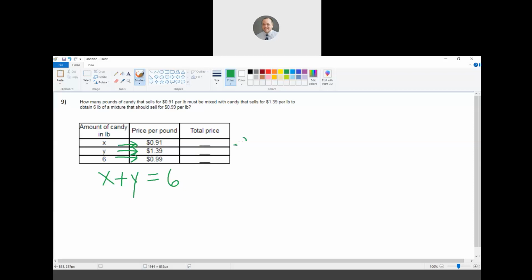So we have 0.91x and 1.39y, and then 6 times 0.99. So that's our second equation with the actual dollar amounts.